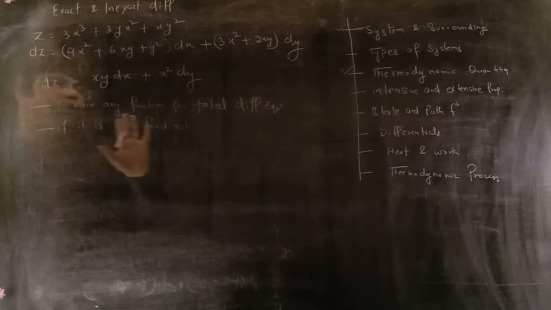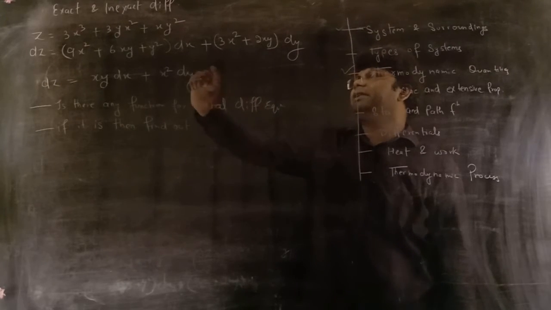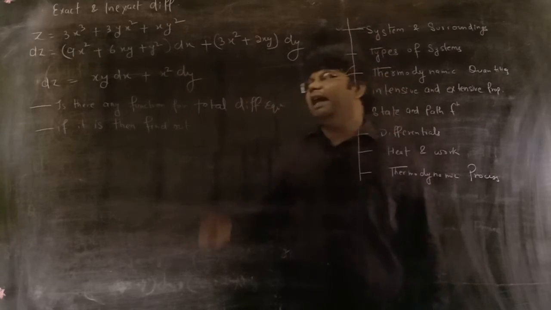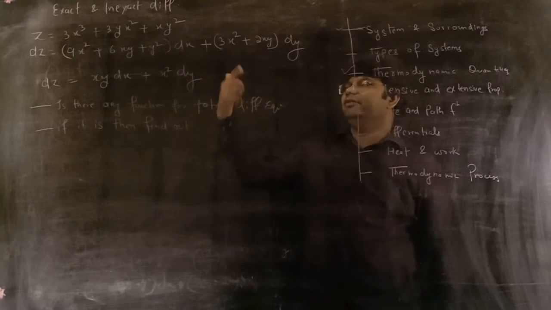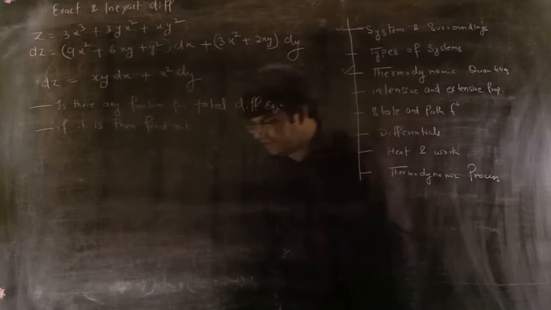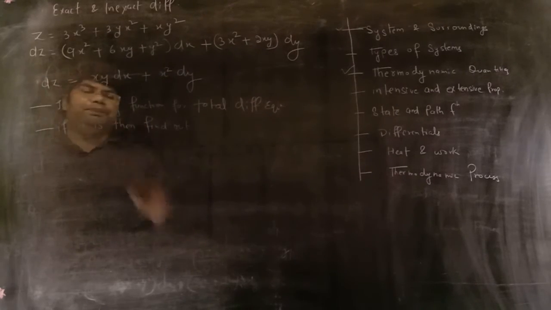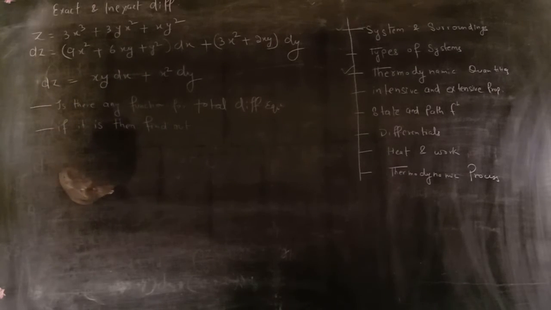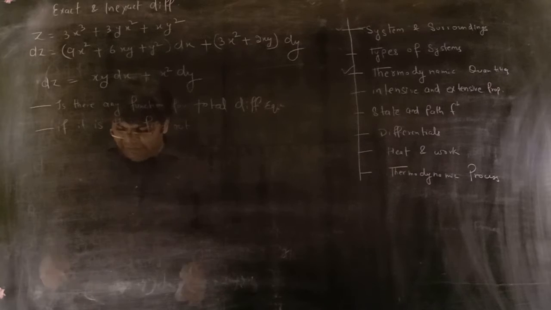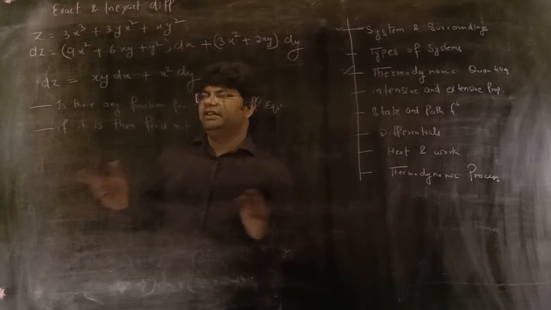If you are unable to find it, or if there is no function, then it is an inexact differential, and if you are able to find it, then it is an exact differential. Now it is very confusing which is exact and which is inexact, so we simply use Euler's relation to find out whether a differential is exact or not. If a differential is not the total differential of any function, then it is inexact.